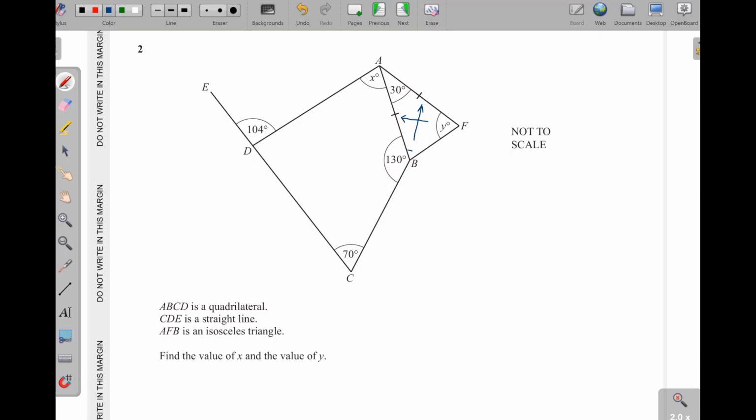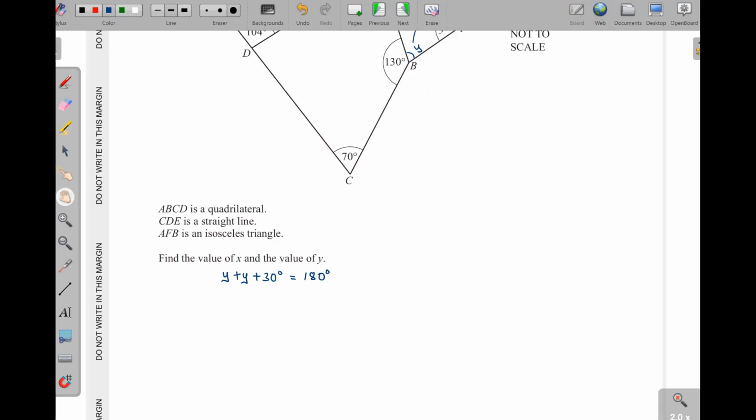So here we shall have also y. Meaning we shall have y plus y plus 30, which is equal to 180 degrees. Suppose they asked us for the geometric reasons, we could give: angles in a triangle add up to 180 degrees.